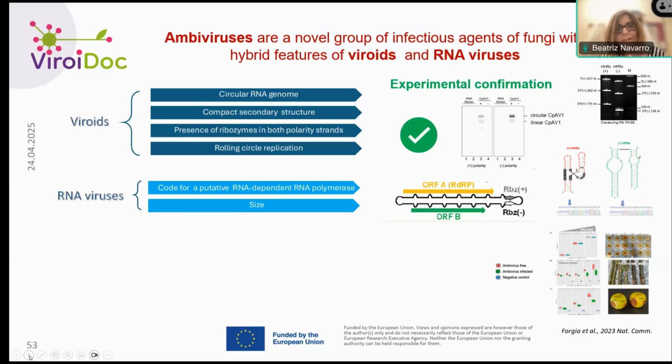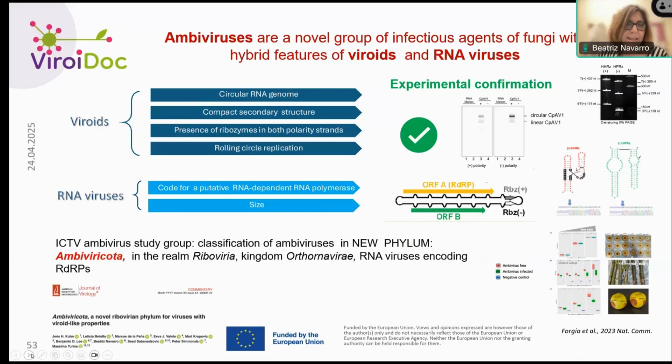And we propose they likely replicate through a rolling circle mechanism. But they also have characteristics of RNA viruses, because they code for their own RNA-dependent RNA polymerase. So they would be the first RNA elements with a circular genome that is replicated by their own polymerase.